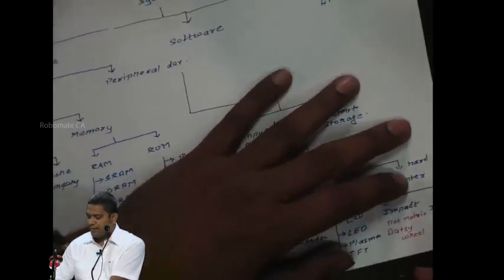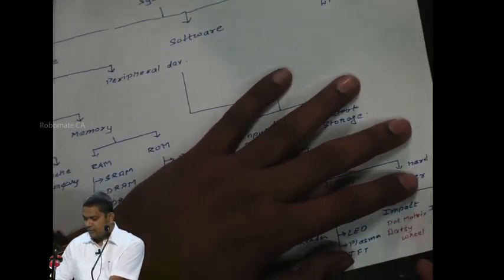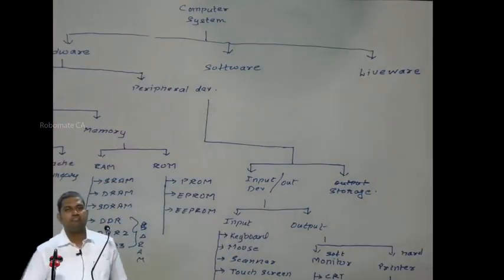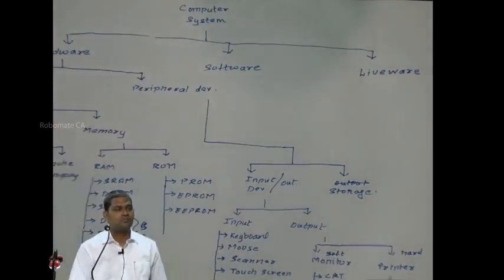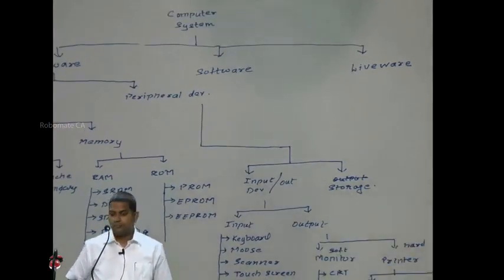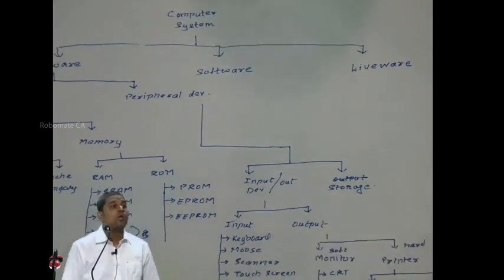So in non-impact printers, I can say laser printer and desk jet printers. So these are two different types of printers. Getting it?